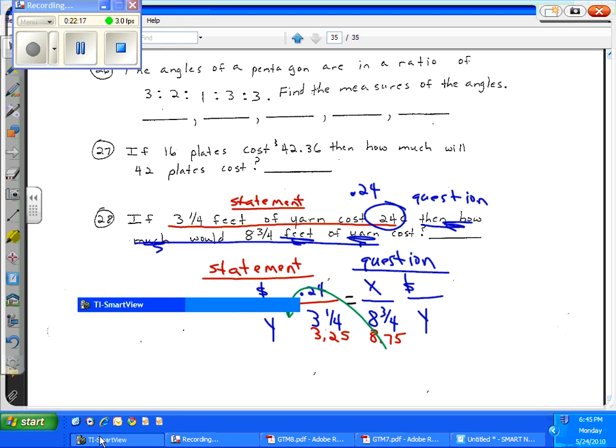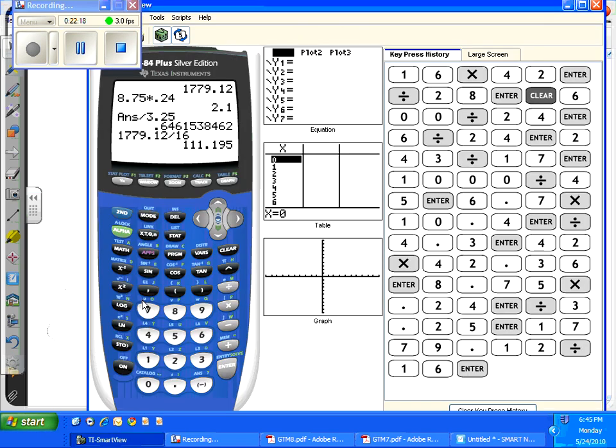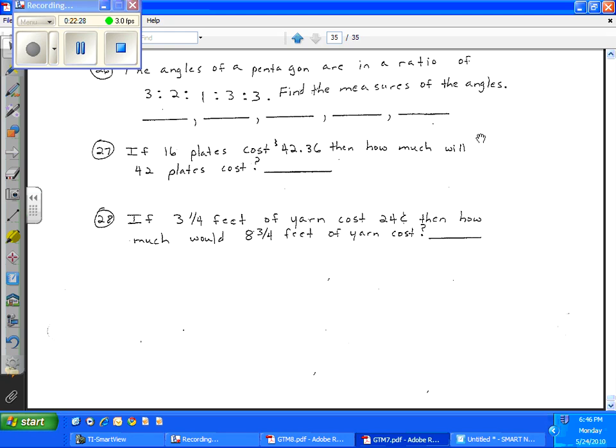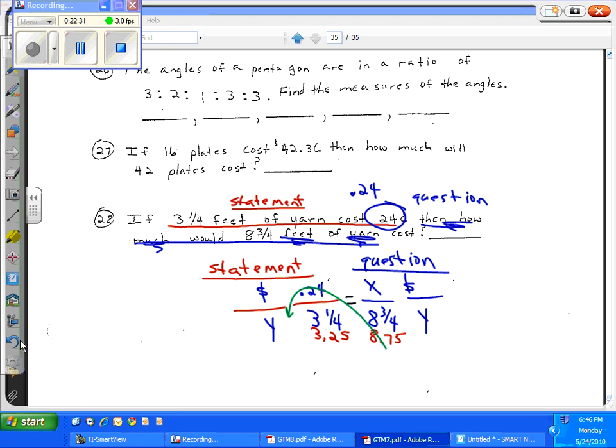We'll let the calculator help us here just for time's sake. 8.75, do you see it there? Times 0.24 is 2.1. It's equal to 3.25 times x, which is 3.25x.